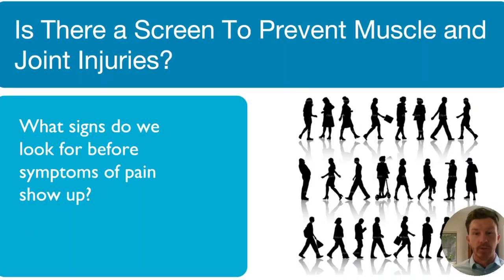Is there a screen to prevent muscle and joint injuries? What signs do we look for before symptoms of pain show up? The creators of SFMA looked at all the latest research and at the athlete populations they were working with, and they came up with a screening that could be used to determine the likelihood of joint injuries showing up because of altered movement patterns.